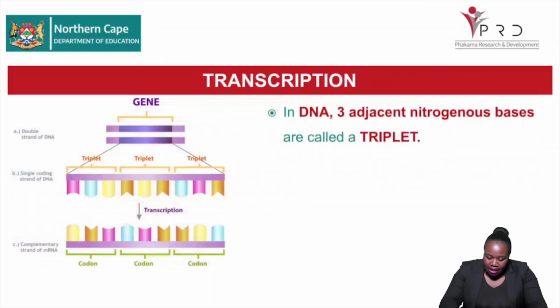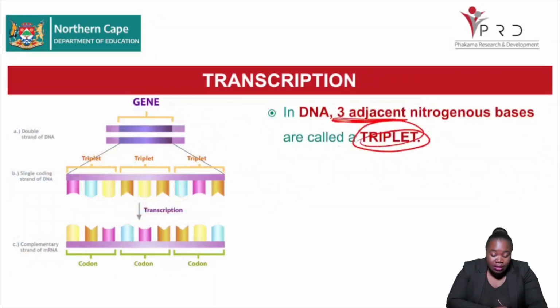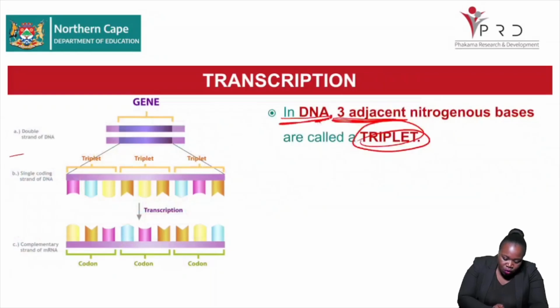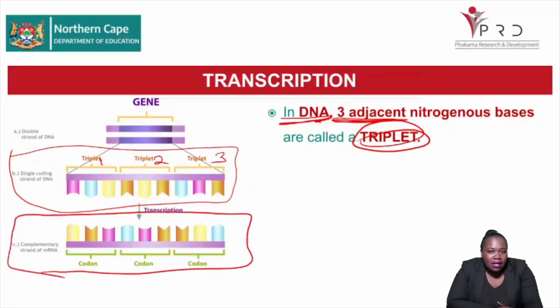All right, and then again, remember, three adjacent nitrogenous bases are called a triplet. That is our DNA triplet in DNA, right? So there we have our triplets. We have 1, 2, 3 triplets. These 3 triplets are going to act as templates for the formation of the mRNA codons. Hence, we have these 3 mRNA codons.